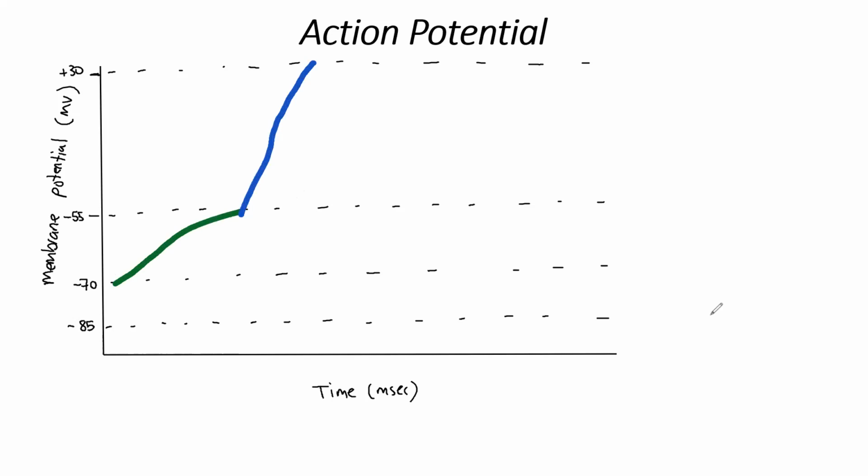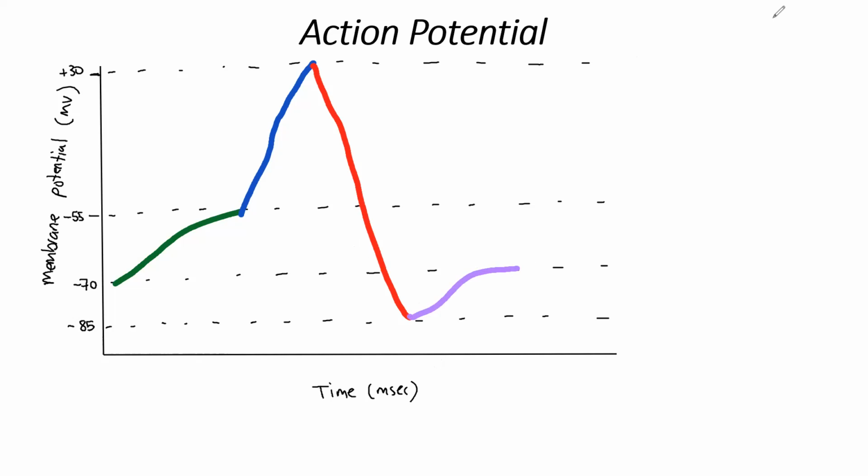And then we see the repolarization, our rapid downstroke, going all the way down to -55, okay? Which includes, this part is going to be that hyperpolarization. And then we see the restoration of the membrane potential. So let's put that in purple. Okay, back to rest. So let's describe each of these phases here.